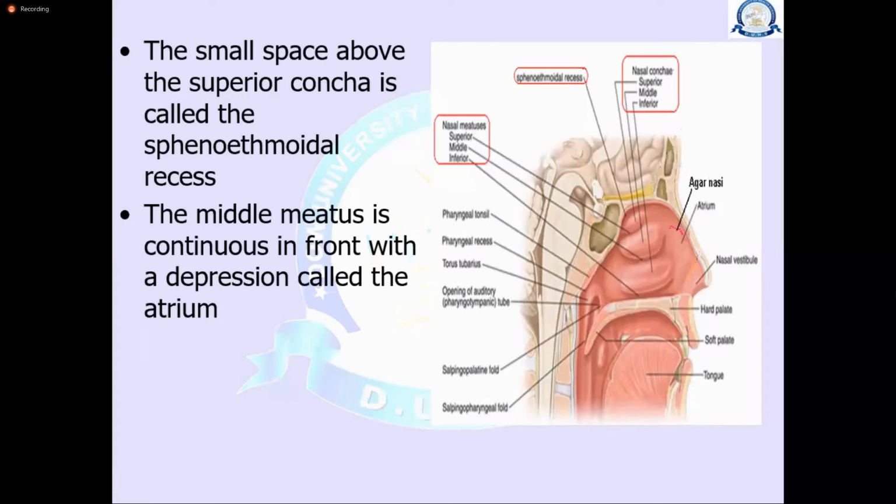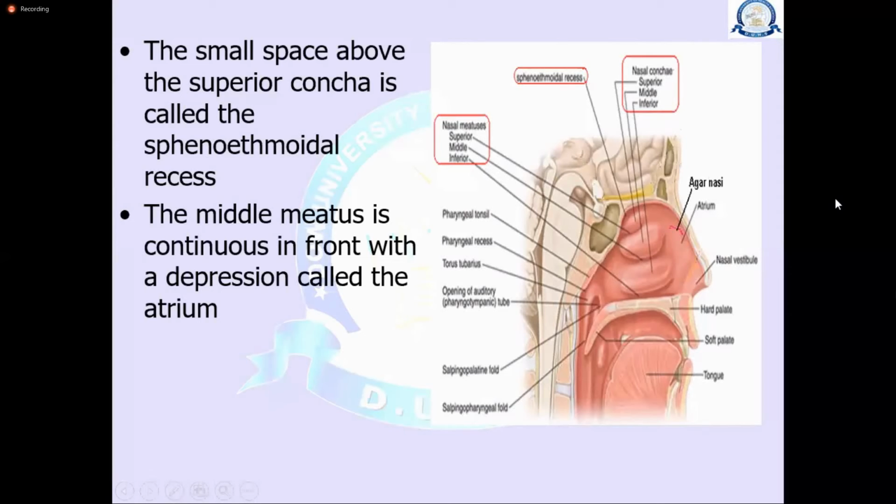Let me elaborate on this further. So this sphenoethmoidal recess, which is within the sphenoid bone, has the opening for the sphenoidal air sinus, and it is posterior superior to the superior meatus.